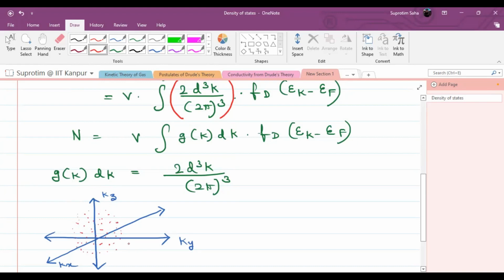We said that there's a certain boundary up to which the energy levels are filled with up and down electronic states.